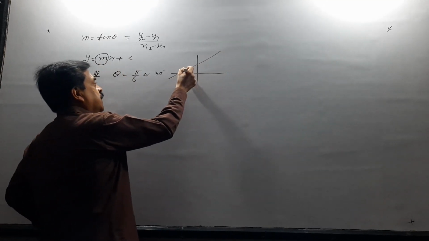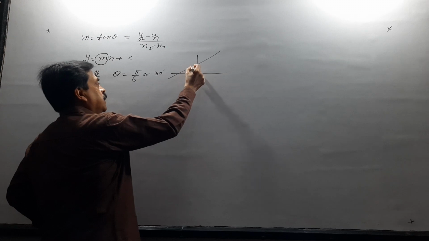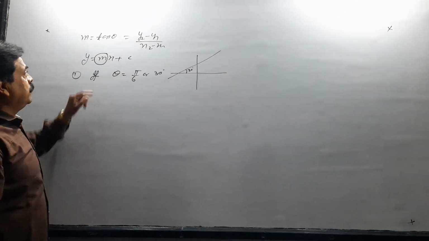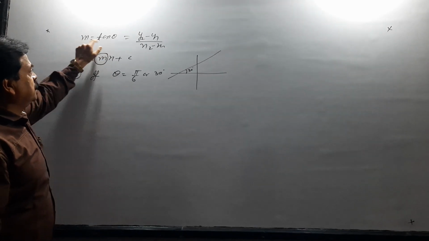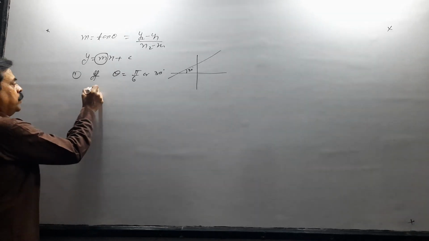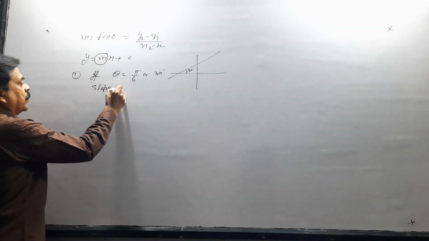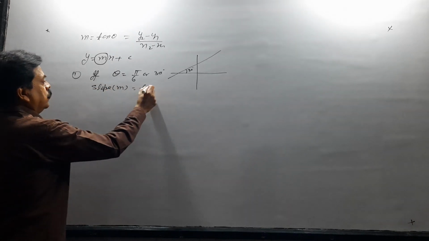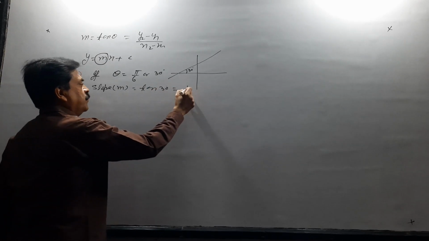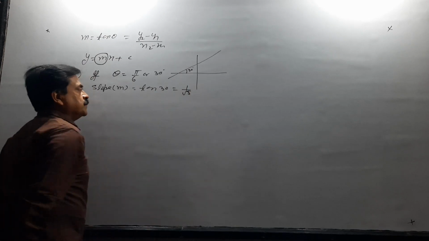The line is making this angle 30 degree or pi by 6. The slope of this line will be obtained by using this method. m is equal to tan theta. Slope is denoted by m. So slope m is equal to tan 30 degree, and tan 30 degree is 1 upon root 3.